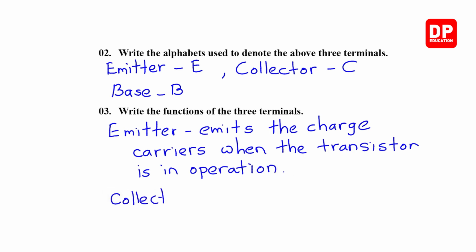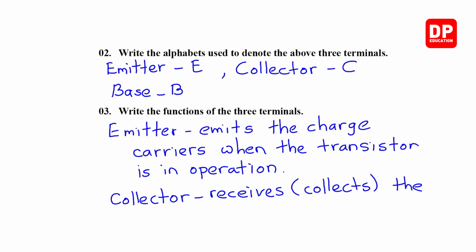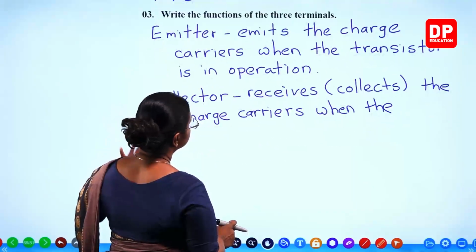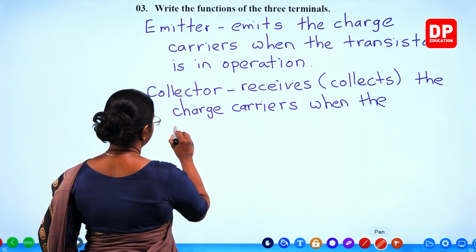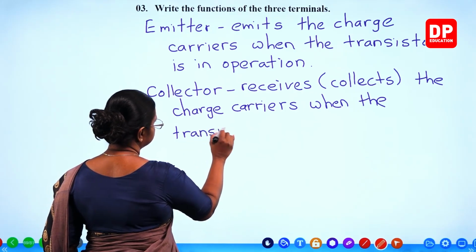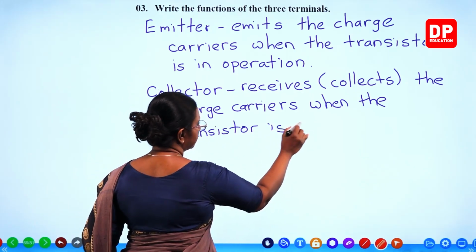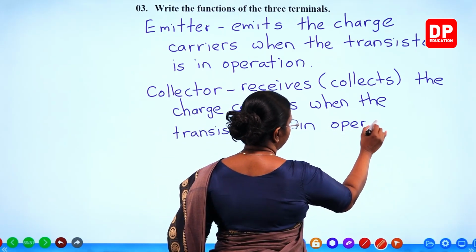Collector receives, or you can say collects, the charge carriers when the transistor is in operation.